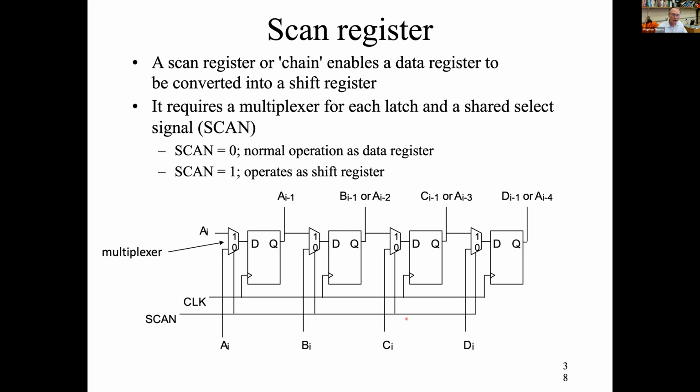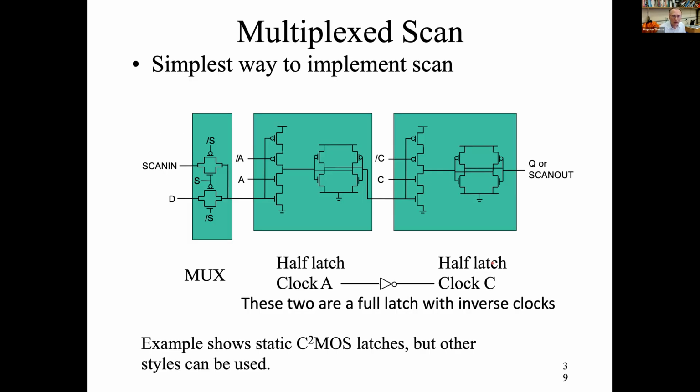So you've got your data word going in, your data word going out, or you change the multiplexer and the data is coming from this here to D, and it's acting as a scan register, and the bits are moving from here to here to here to here. So simply by changing scan from 0 to 1, you can change its operation from a normal data register to a shift register. So it can be one or the other.